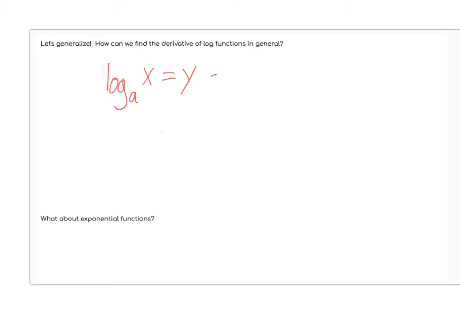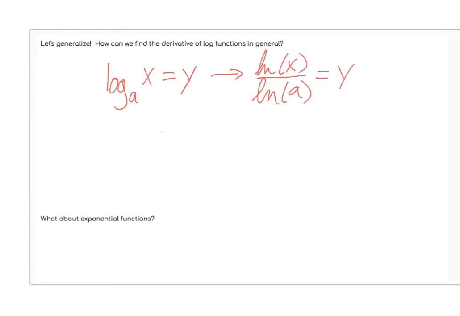Would it make sense to try to convert this into a natural log? I've seen quite a few of you use change of bases on spirals, so I'm okay with kind of talking about that. I could write log base a of x as ln of x divided by ln of a.